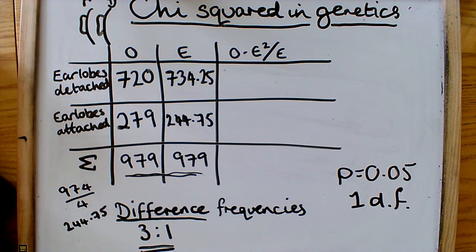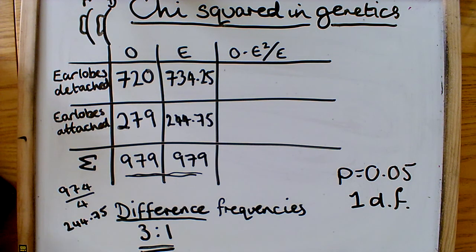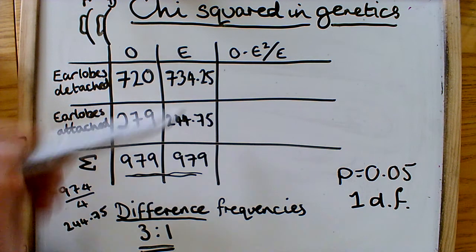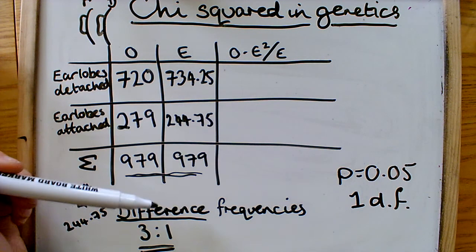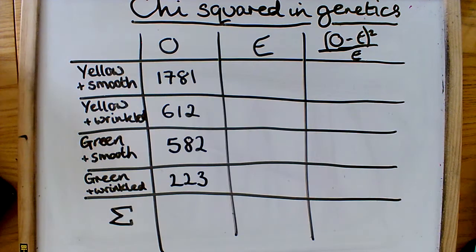We don't want to exceed it this time, do we? We want to find that our data is too similar for there to be a significant difference. So from a genetics point of view, you do the same process, you split according to the ratio you'd want to see, but you want to find that your data is not significantly different. That's what you're hoping for. So I'm going to pause this, rub this out and do a slightly more complicated version, and we'll have a look at that before we finish.